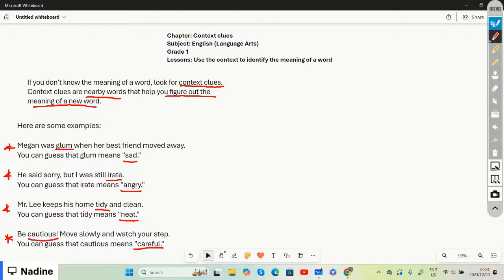But looking at the sentence that the word is in gave us a clear indication of what the meaning of that word might be, because we had to look at nearby words that helped us figure out the meaning of the word. And the nearby words that help us figure out the meaning of the word, we call that context clues.